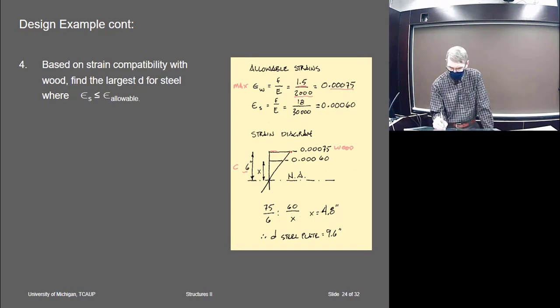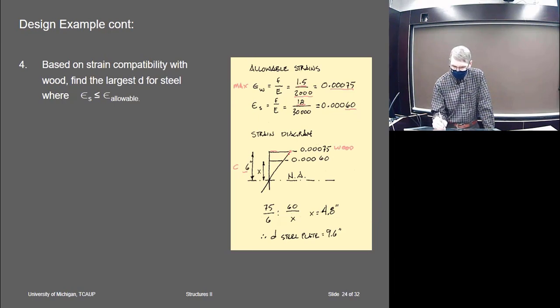So that would be that point right there. And now, given this rather low limit for some reason of the steel, the maximum strain for the steel is only 0.006.